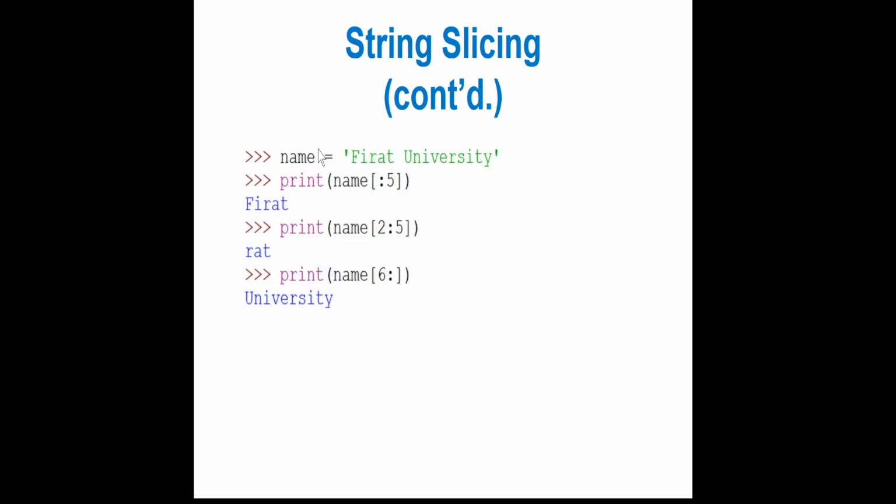Let's say I'm looking for university here, so I provide the string name dot find, and I provide university inside. For this, it will count 0, 1, 2, 3, 4, 5. So the starting index where we find the first appearance will be returned to us. So it will return 6 to us.